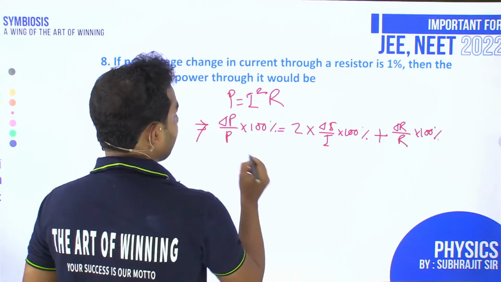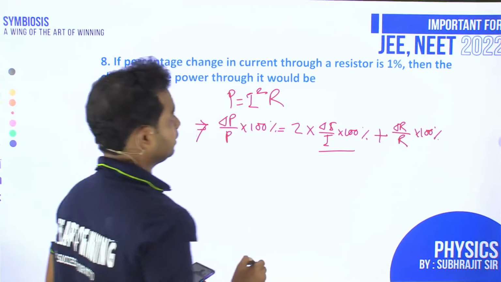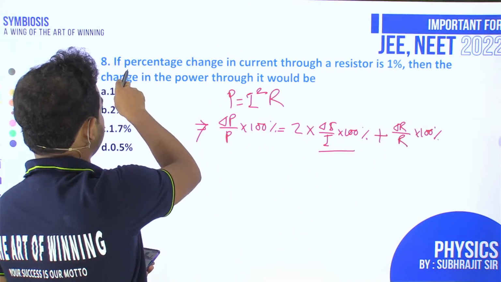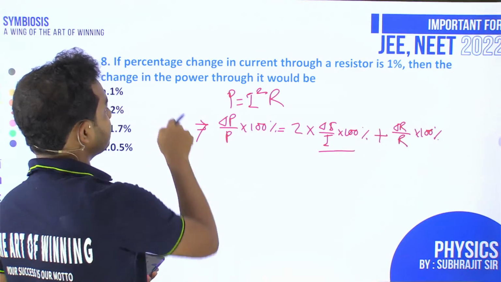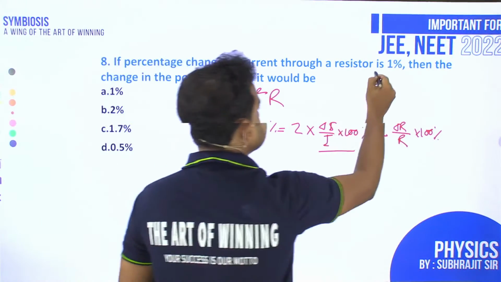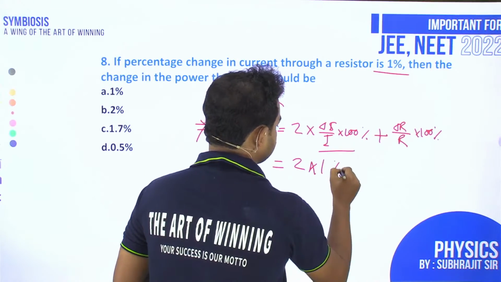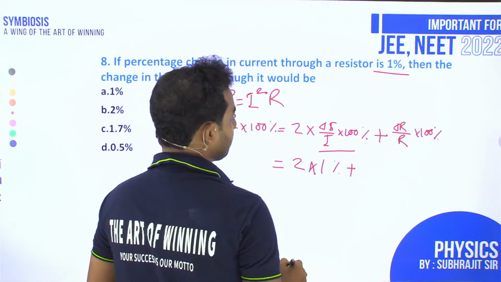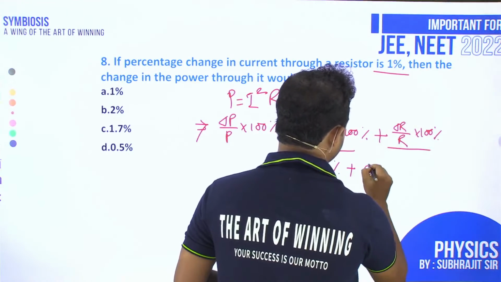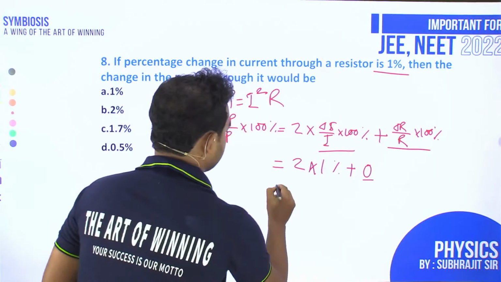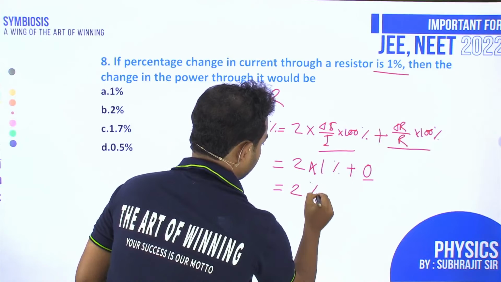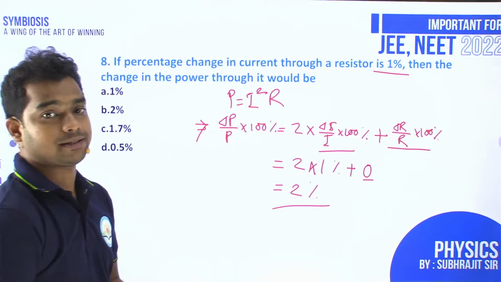The given quantity is the percentage change in the current through a resistor, which is 1%. So that is 2 into 1%. And this is the resistance part, so this one is 0. So we can find the answer is 2%.